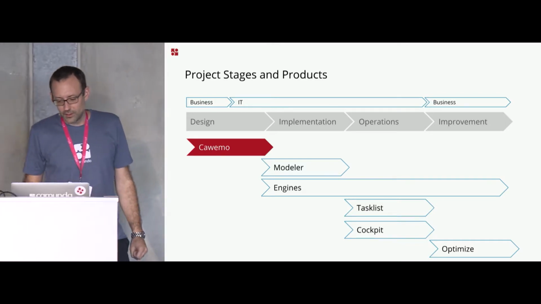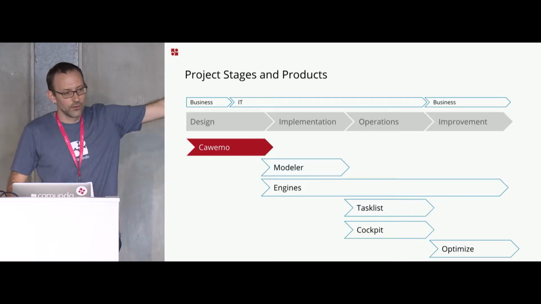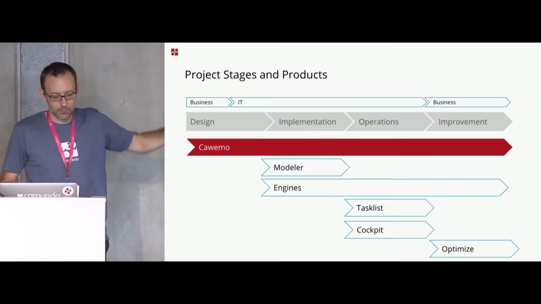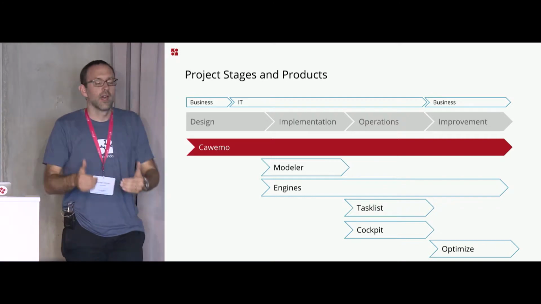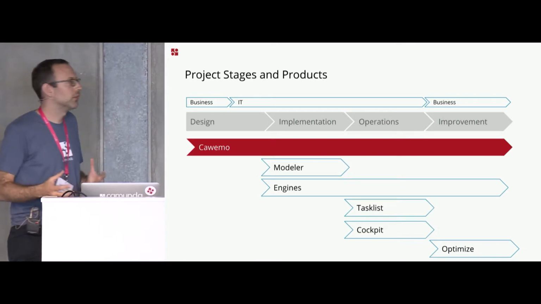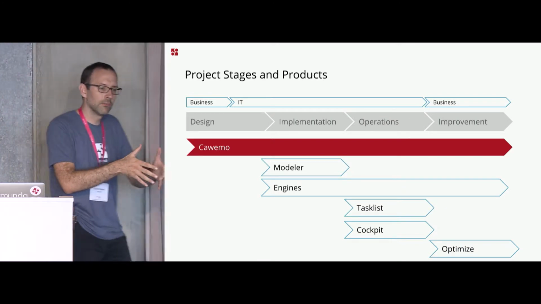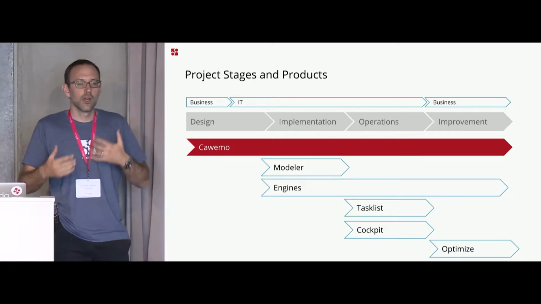What is interesting is that this is not the complete story. Cawemo is interesting in this design phase, but when we think a little bit further, it can go beyond that. Think about the next phase, the implementation phase. We have created the initial model, and as I said before, usually it will not be perfect, so we need to ask questions about it.